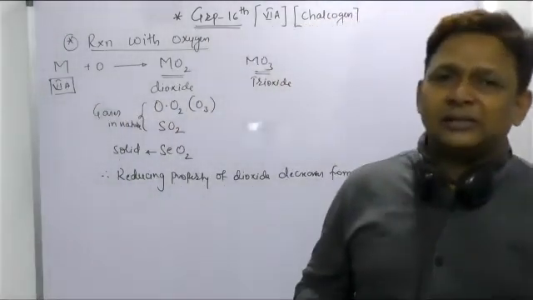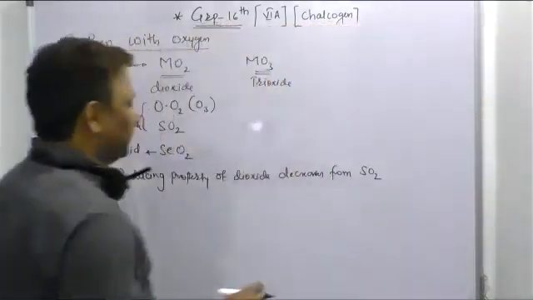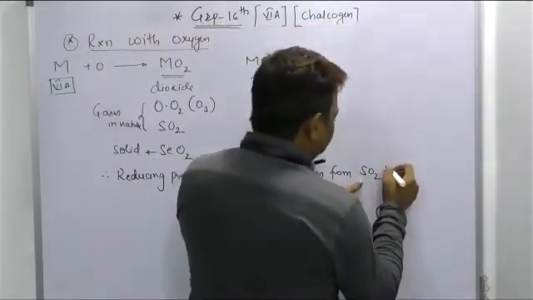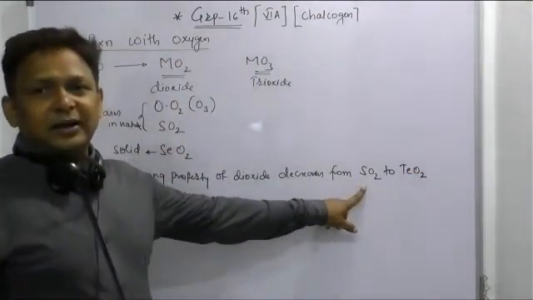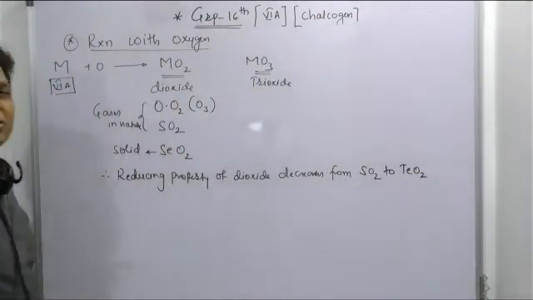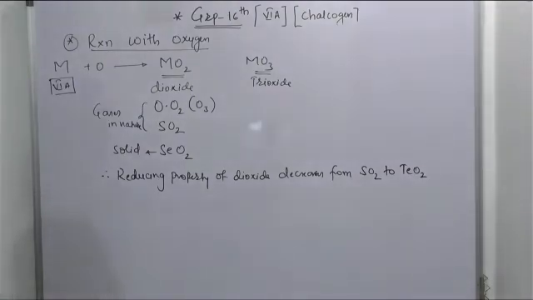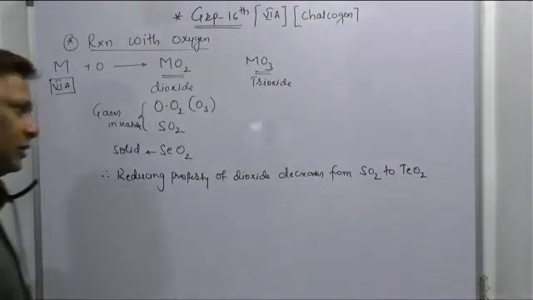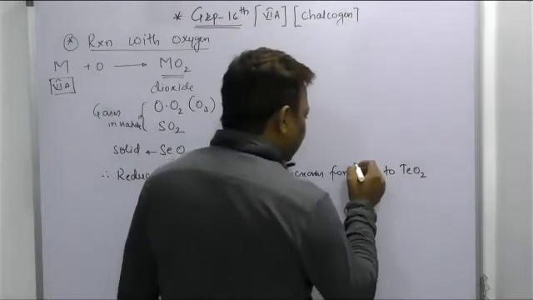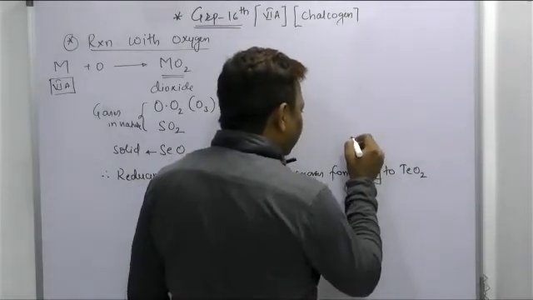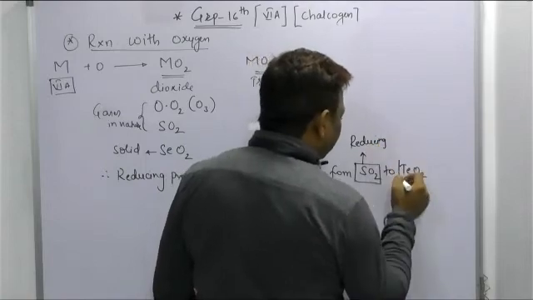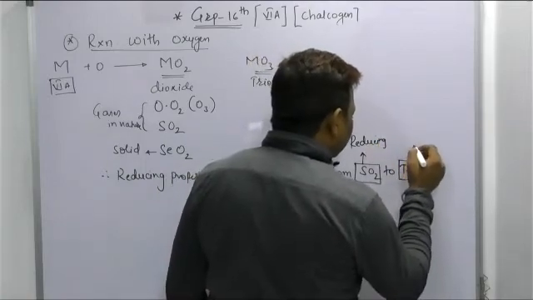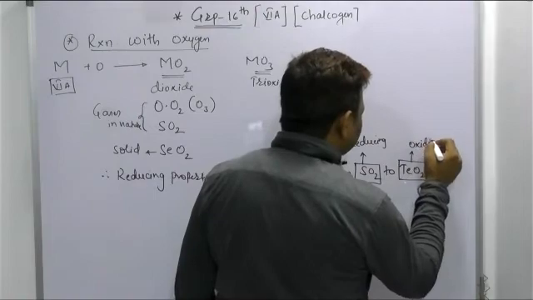It decreases from sulfur to tellurium, TeO2. That means SO2 is a reducing agent, while TeO2 is oxidizing. Now we can say SO2 is a reducing agent, but TeO2 is an oxidizing agent.